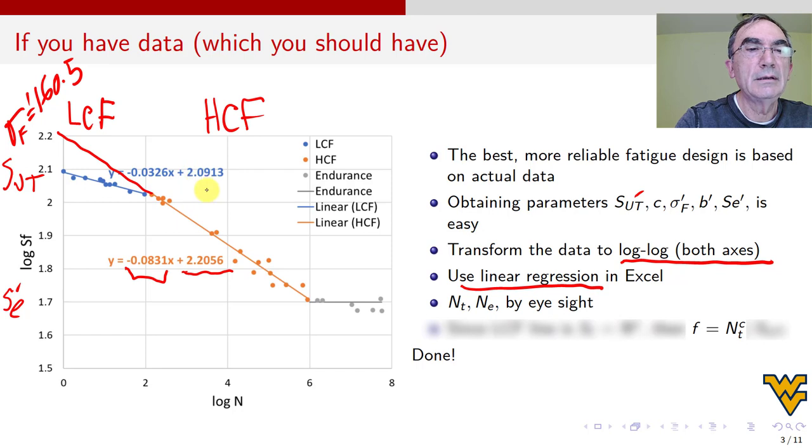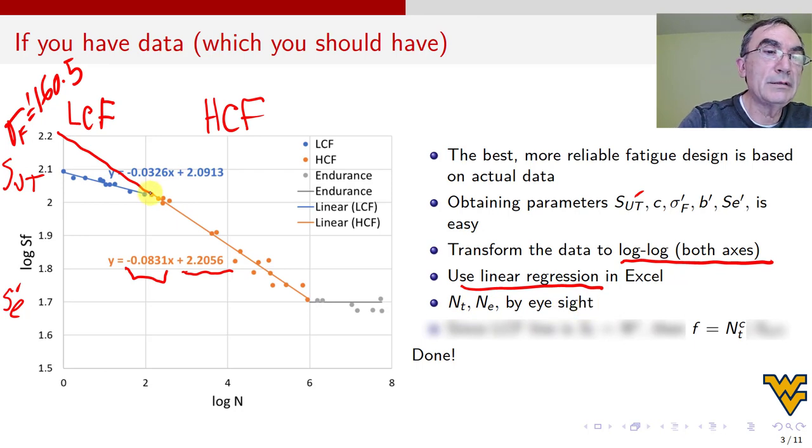The intercept, this intercept, by the way, 0.0913, you take 10 to this value, it should be Sut. And Sut, which we get by eyesight, we say is 125. Maybe if we do it exactly, it's not going to be exactly that. Nt and Ne we get by eyesight.